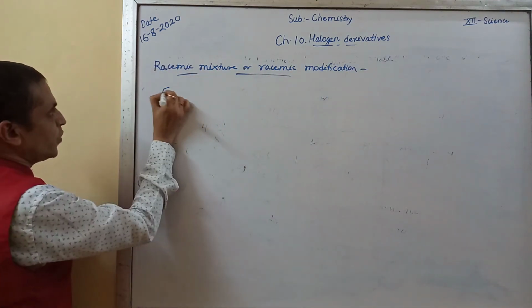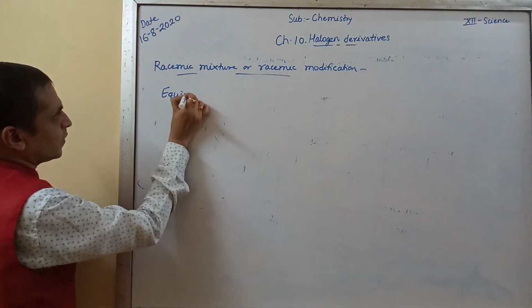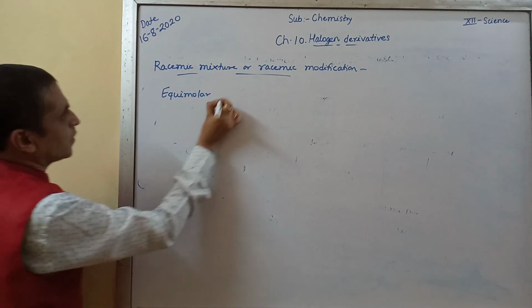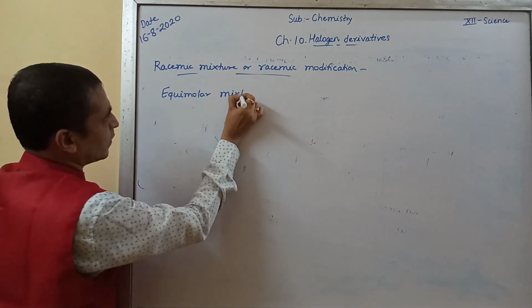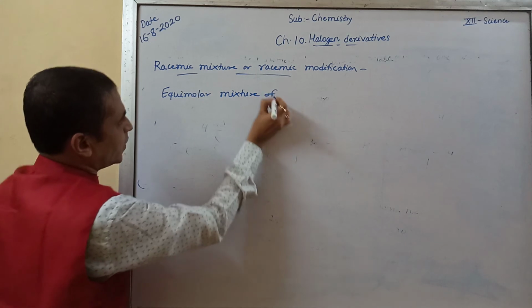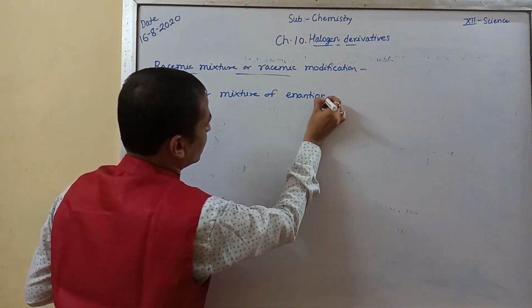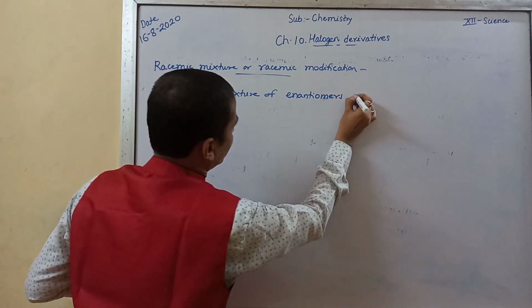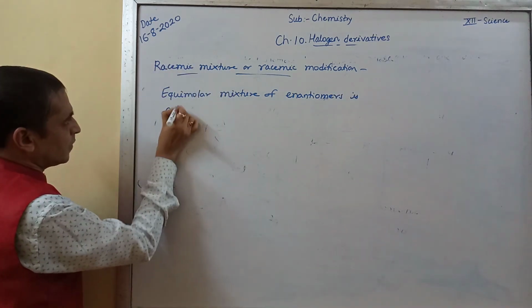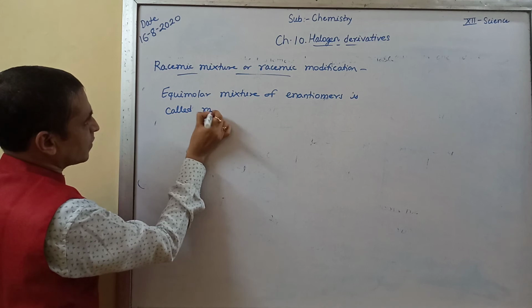See, the equimolar mixture of enantiomers is called racemic mixture.